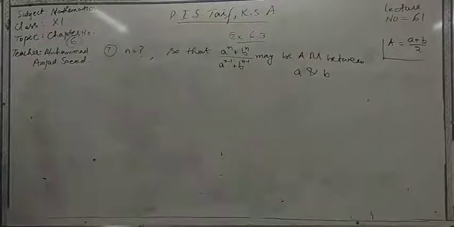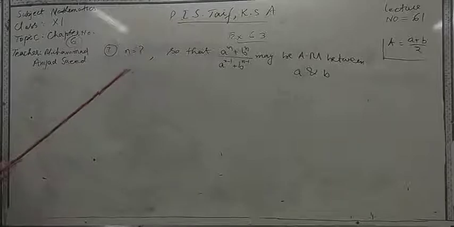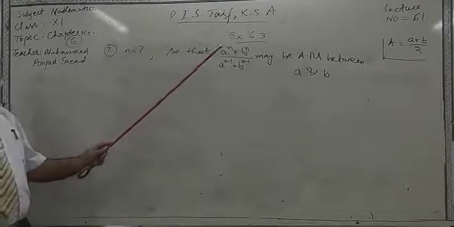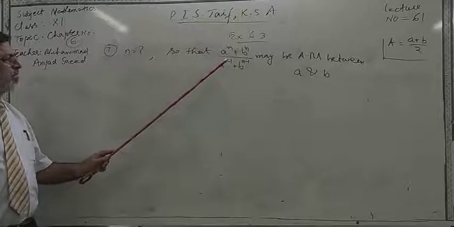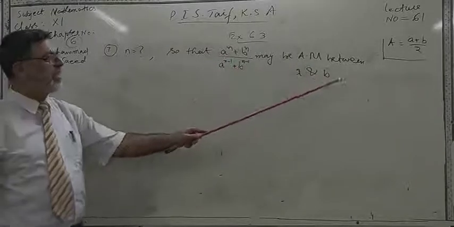First of all, you must understand the nature of the question. Dear students, what is that? Find the value of n so that (a^n + b^n)/(a^(n-1) + b^(n-1)) may be the arithmetic mean between a and b.